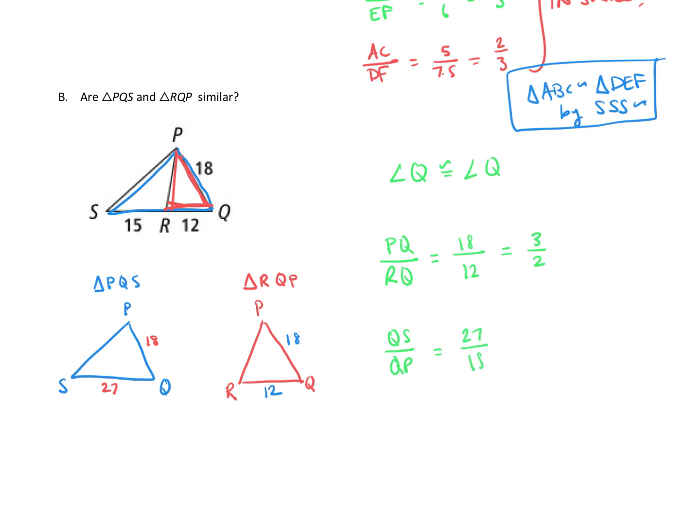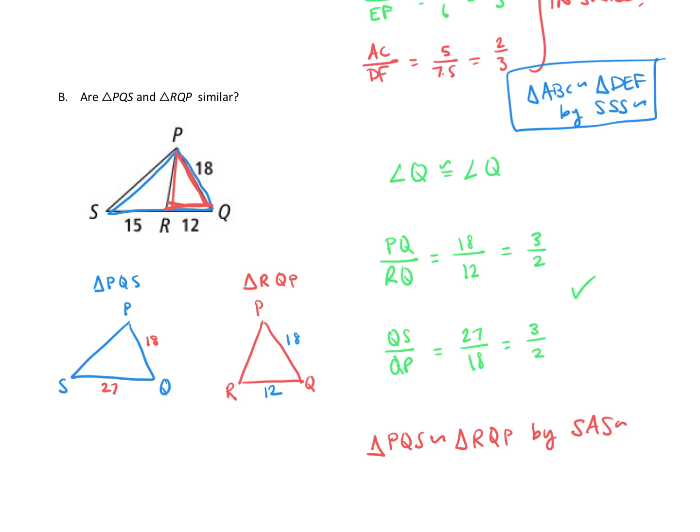QP is 18 units long. We can reduce that by dividing them both by 9, and we get 3/2. So we are getting proportional sides with that same scale factor. They have the same ratio. So we can determine that triangle PQS is similar to triangle RQP by the side-angle-side similarity.